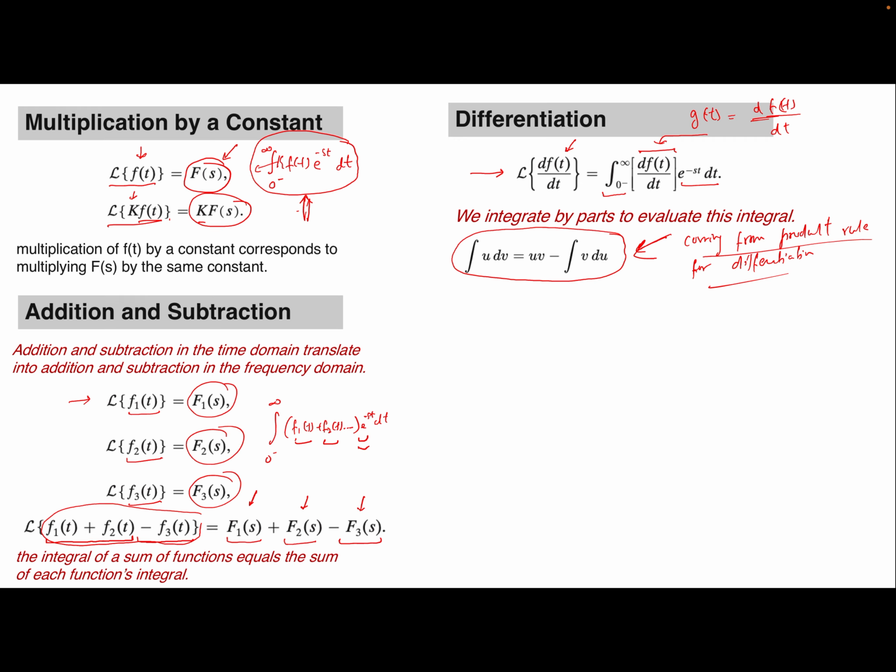So I have two things over here, and I am going to compare this with the entire integral. I am going to call my u as e raised to power minus st, and I am going to call my dv as the derivative of f of t over dt times dt.